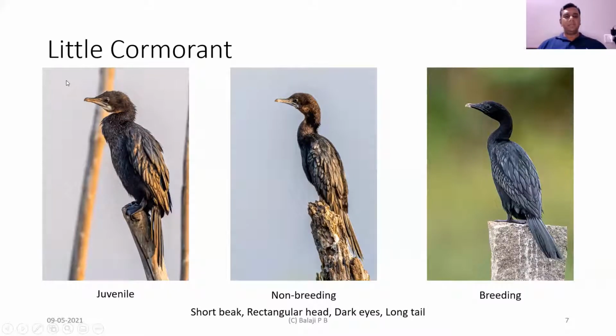The little cormorant looks very different as a juvenile, in non-breeding and in breeding plumage. So I presented all three pictures. In a juvenile plumage, you can normally see a white patch at the base of the beak, which is not there in the non-breeding or the breeding plumage. In the breeding plumage, the little cormorant is almost entirely black.